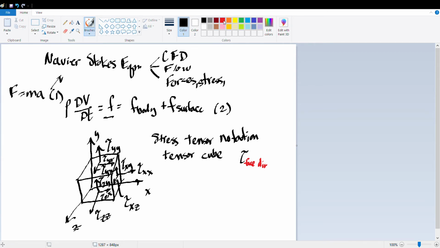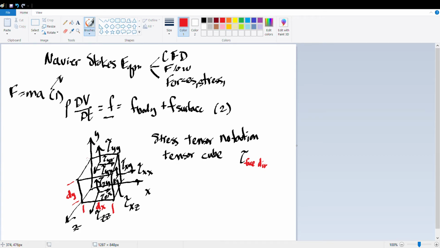Now the other thing, I'm going to do this in red, is these are differential cubes, basically an infinitesimal cube. So we have to say that this span here in the x direction is not x, it's actually dx. This span here is, you guessed it, dy.